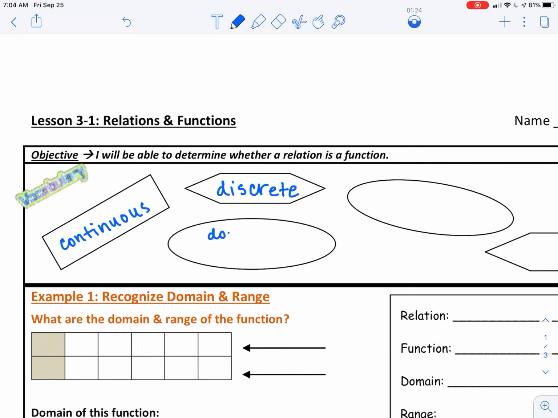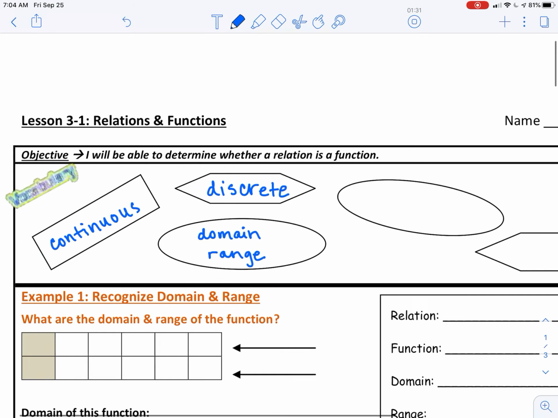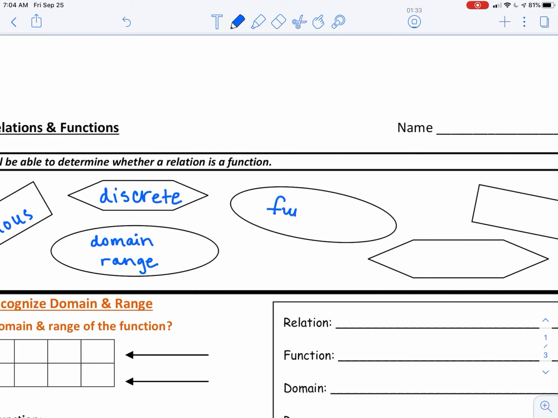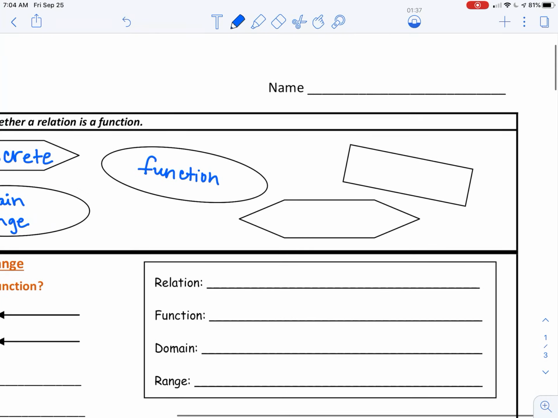I failed to put enough shapes in there, so let's put domain and range together. We'll put function in one of the shapes. We'll put relation here. And finally, in the last one over here, put 1-to-1.